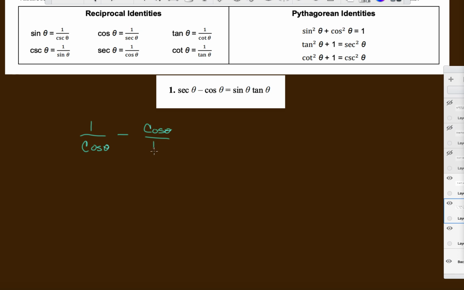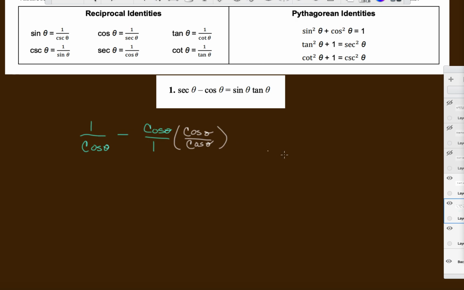Well, I can't put these together because they don't have like denominators. So I'm going to multiply this guy over here by some factor of 1 so that I have cosine in my denominator. So I'm going to multiply by cosine theta over cosine theta.